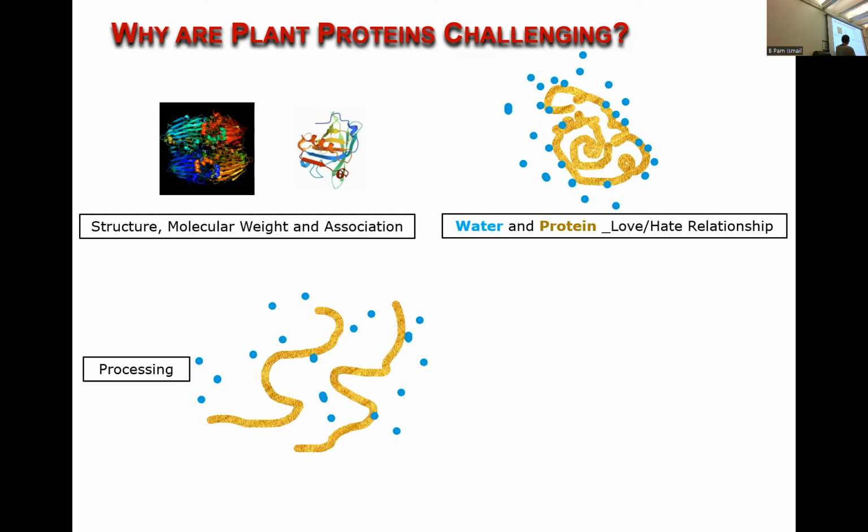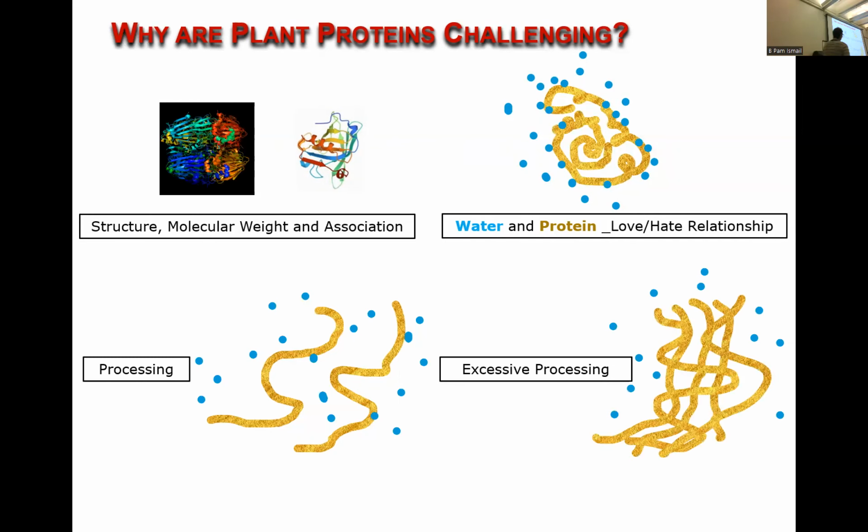With increased surface hydrophobicity, less interaction with water, and with excessive processing, we get this mess of a protein. Large, insoluble aggregates, and not functioning. So there is a problem that we need to fix through modification.